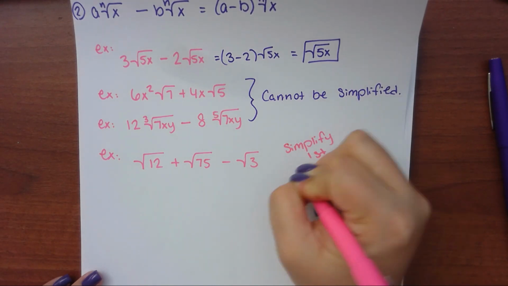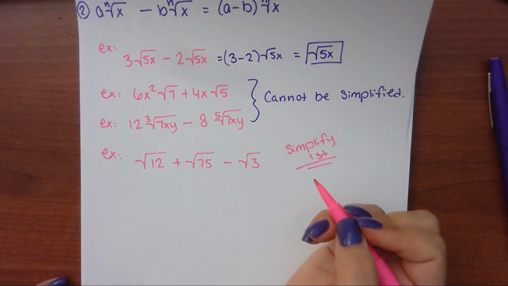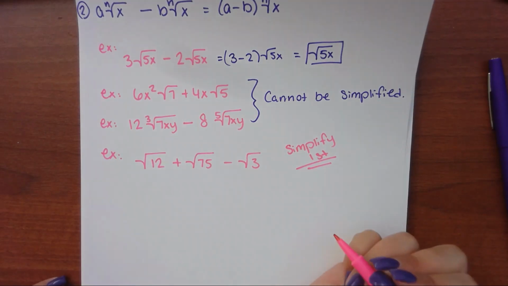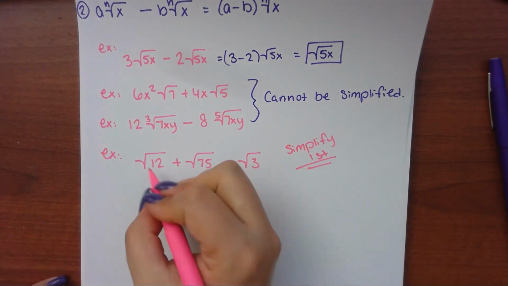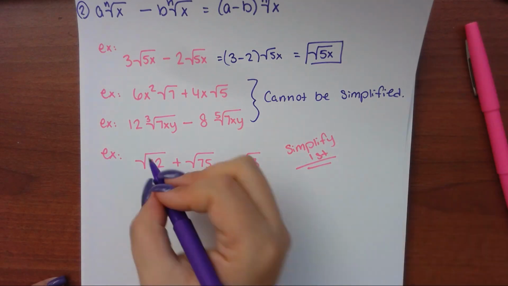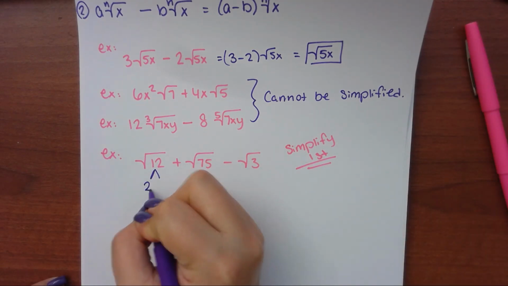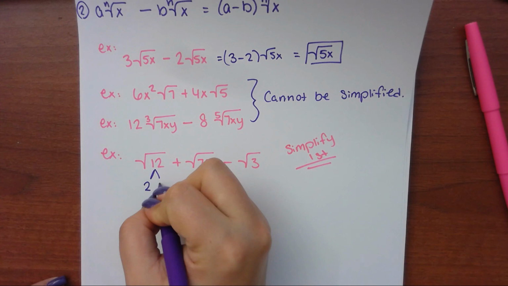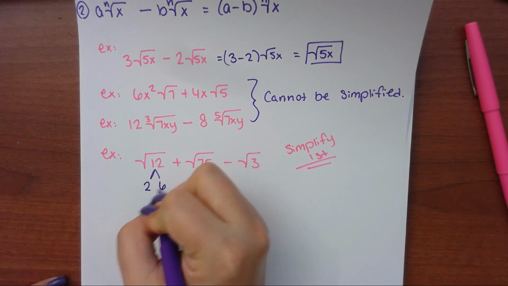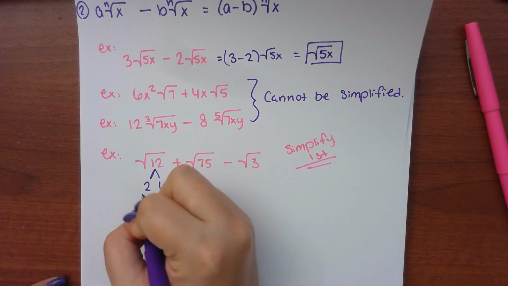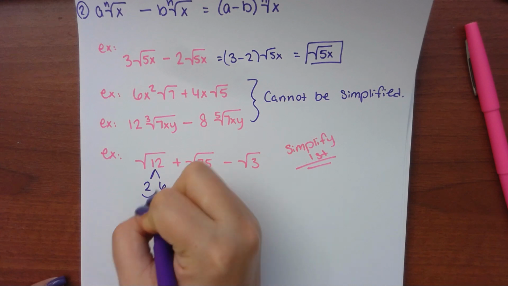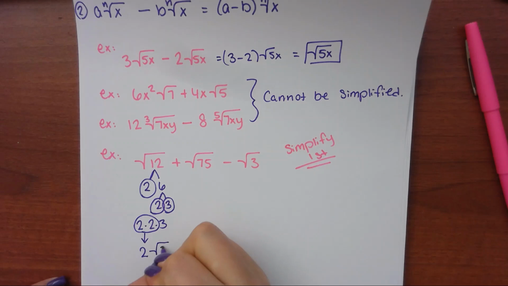And if we simplify these first, then we might be able to combine them later. So let's simplify 12 by looking at its prime factors, 2 and 6, and 2 and 3. 2 times 2 times 3. I'm going to take out a 2, and leave underneath the radical 3.